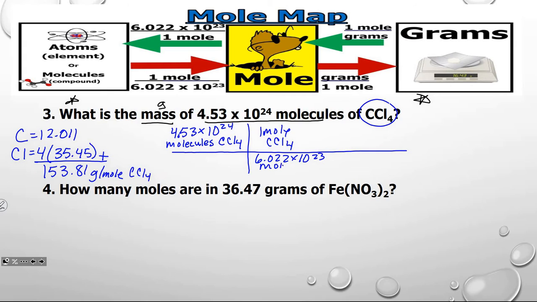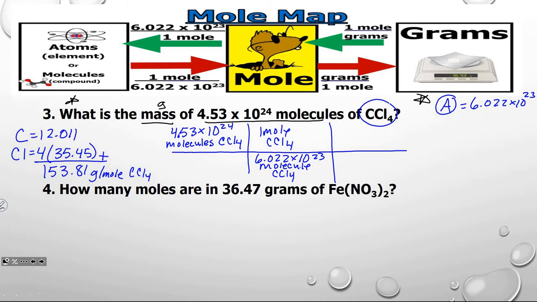That's molecules of CCl4. If I have to write Avogadro's number a lot, you know what I do? I just put up here a circle is equal to 6.022 times 10 to the 23rd, and then I put a circle in my setup so I know it's Avogadro's number. Because that gets annoying after a while too.